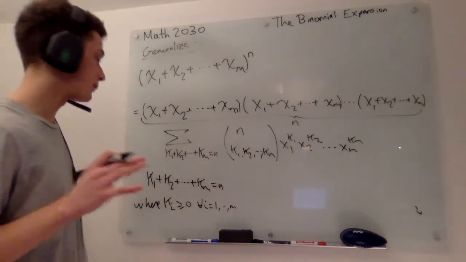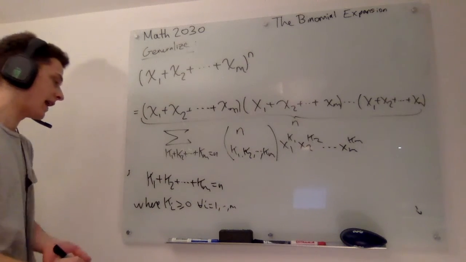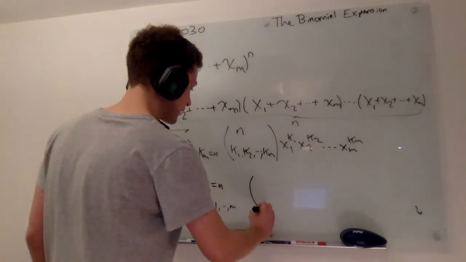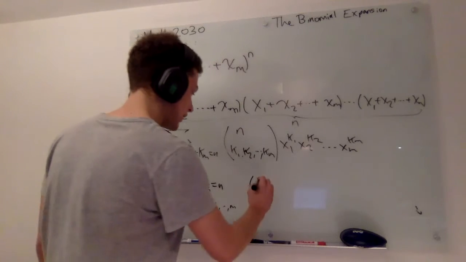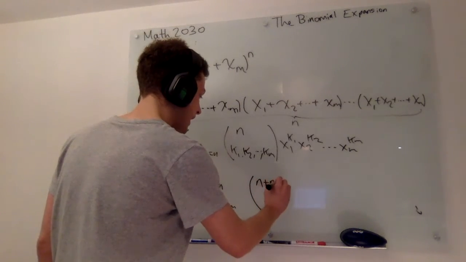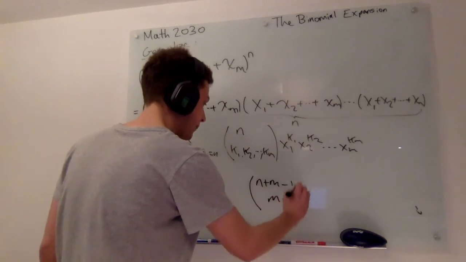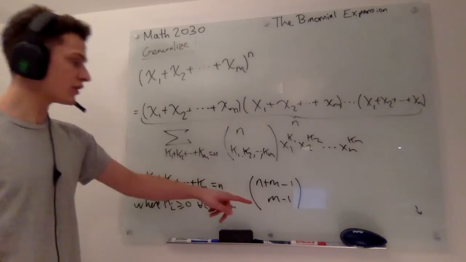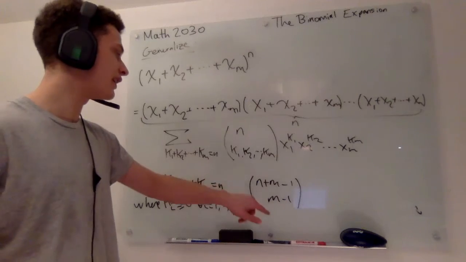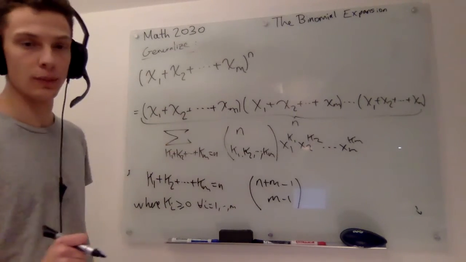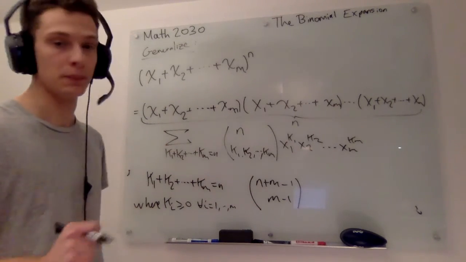And we had previously found in the course how we solve this. In fact, it is equal to the combination of n plus m minus 1, choose m minus 1. So this is the number of terms we will have in any multinomial expansion we do.